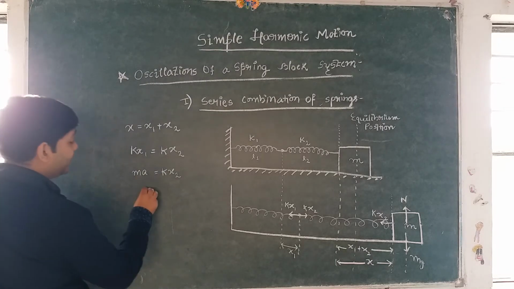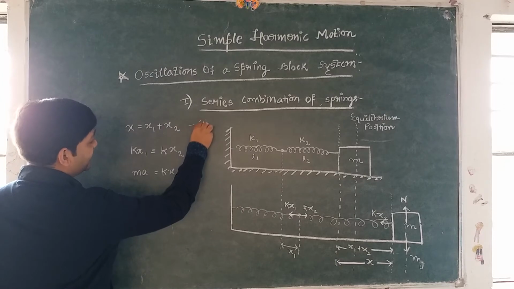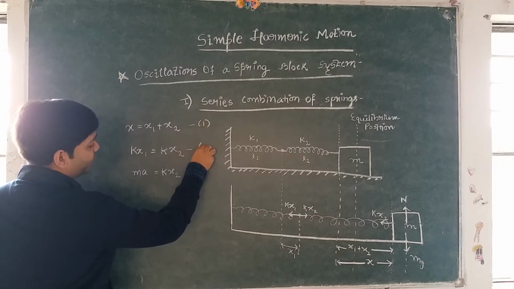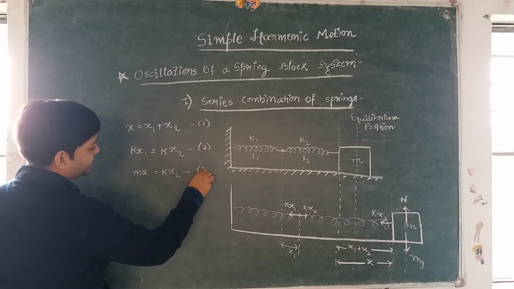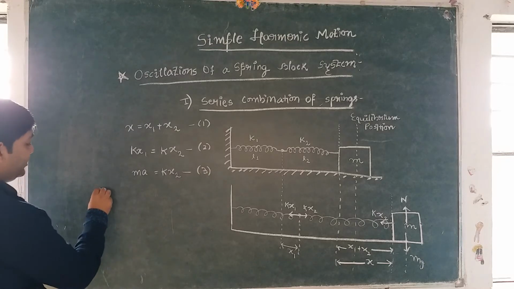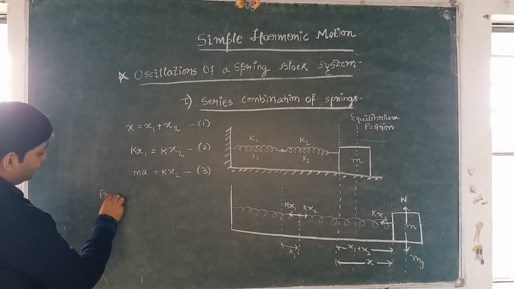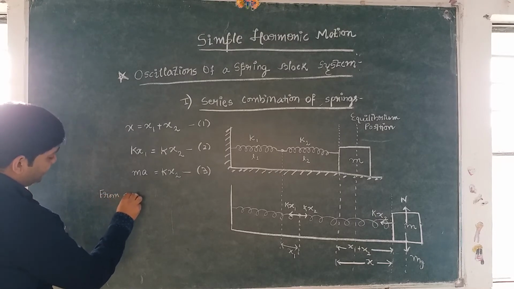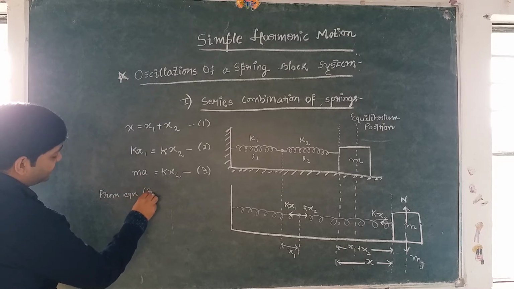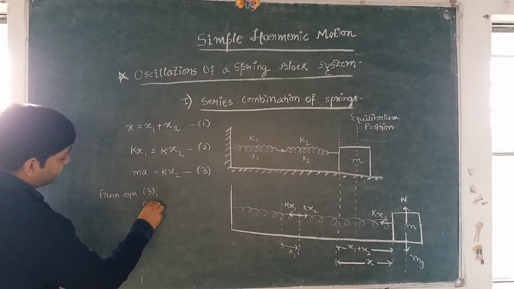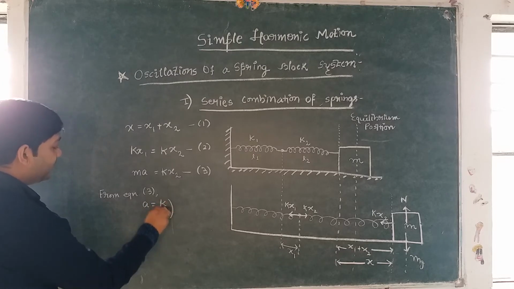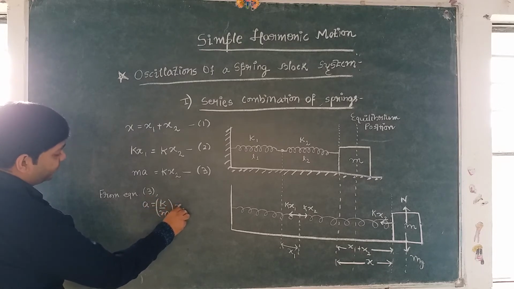Now let's say this is equation 1, this is equation 2, and this is equation 3. From equation 3, a = (k/m) x2.